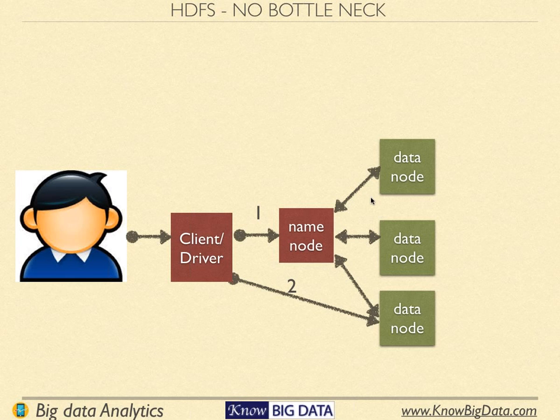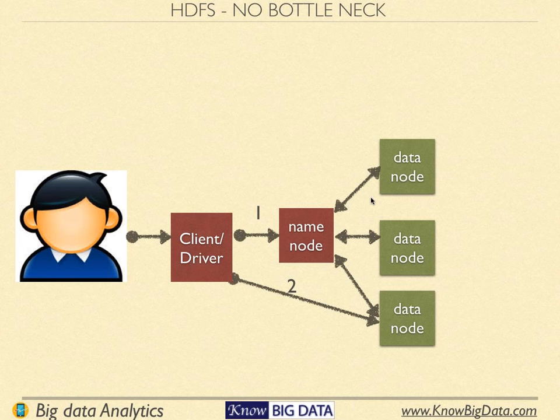Name node replies back and says, hey, don't bother me. Here is the name of the file. Go directly and talk to the data node. Don't talk to me. If you want to read the file, go to that data node and read the blocks. Here is the list of blocks, here's the list of data nodes which contain your file, and these are the blocks.